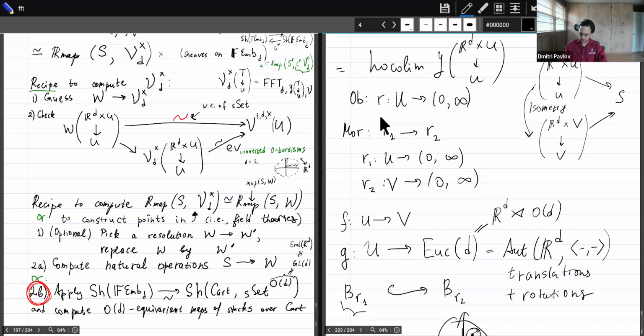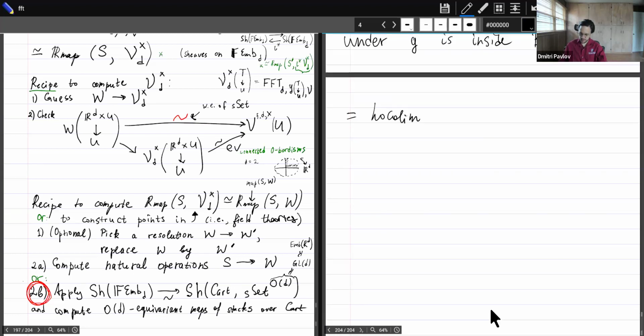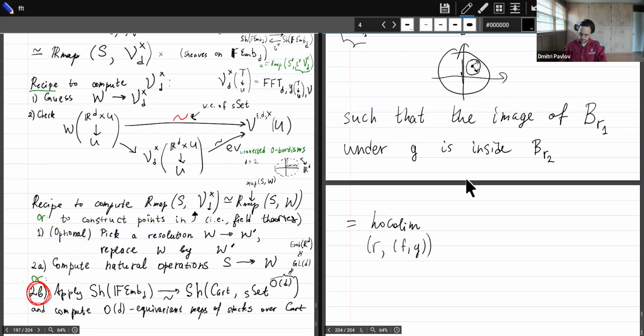So objects are R and morphisms are pairs F, G. So let me write it in fact in this way. R and morphisms are pairs F, G of omega R^d times U over U. Okay, so this, just to remind you, is weakly equivalent to S.